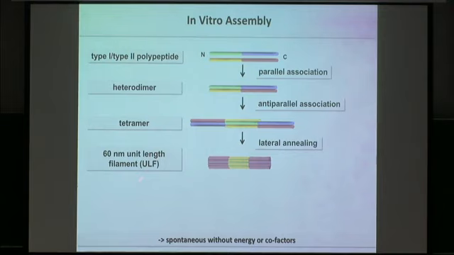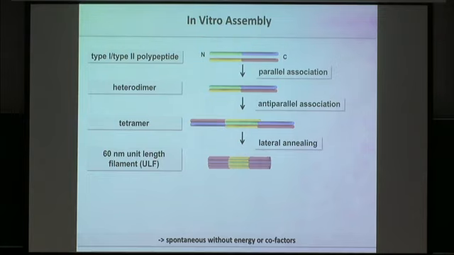So the next assembly step, and now we get into a dark and not so sure area, is the formation of a so-called unit length filament. So you have lateral association of 6 to 8 of such tetramers forming a 60 nanometer long rodlet that's referred to as the unit length filament.